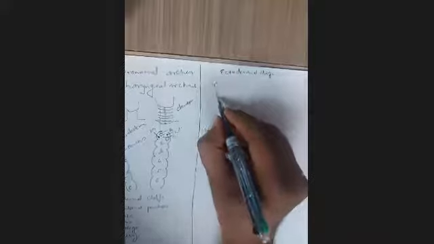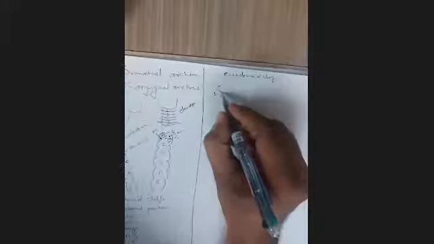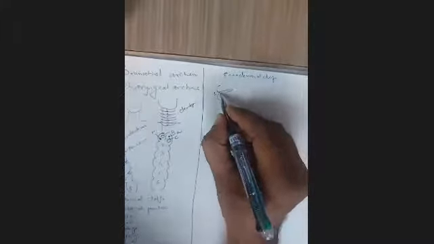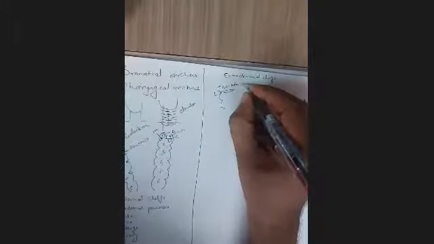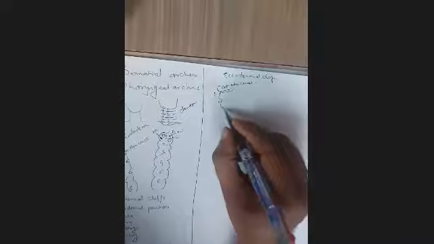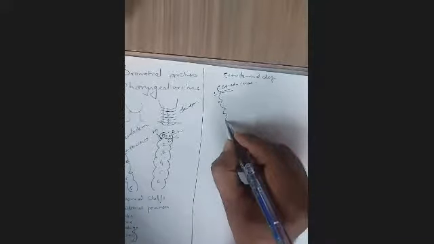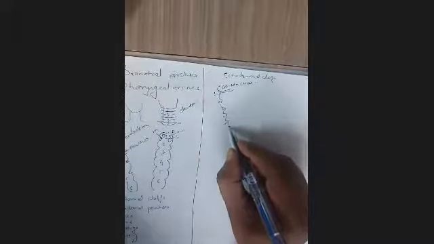We said that on the outside of these pharyngeal arches, there are clefts. From cleft number 1 develops the external auditory canal. Now what happens to cleft number 2, 3, 4, 5, 6?